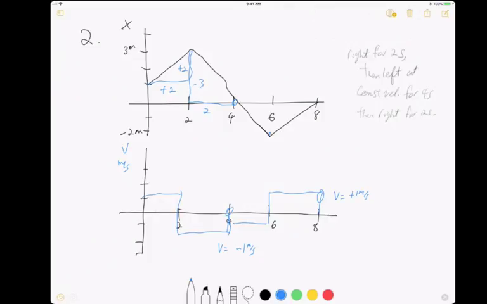So the average acceleration is delta v over delta t. So that's 1 minus minus 1. No, I did this right. Yeah, that's right. All over 4. So that's plus 2 over 4, so that's 0.5.